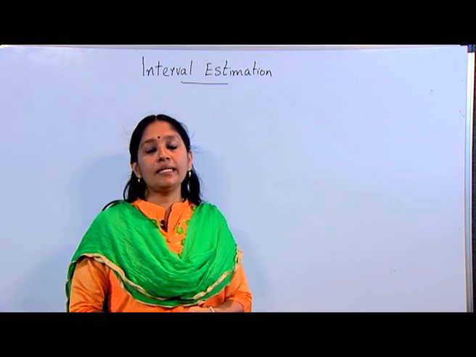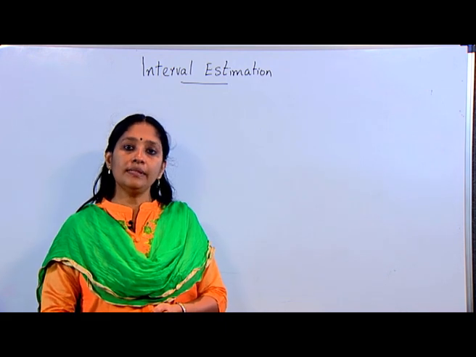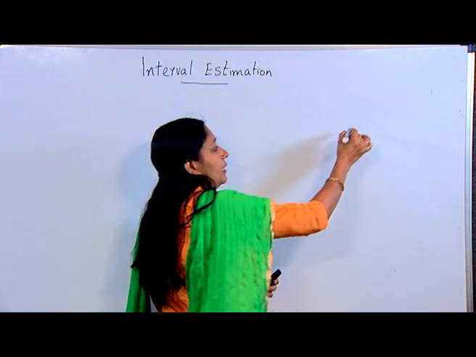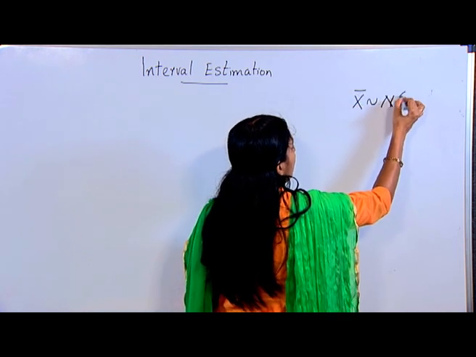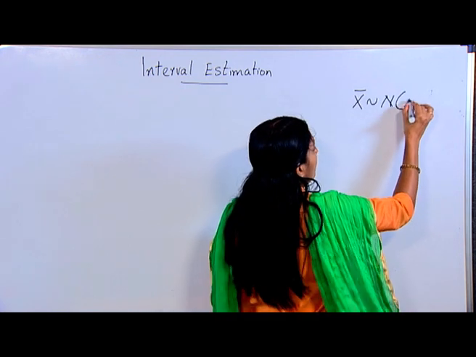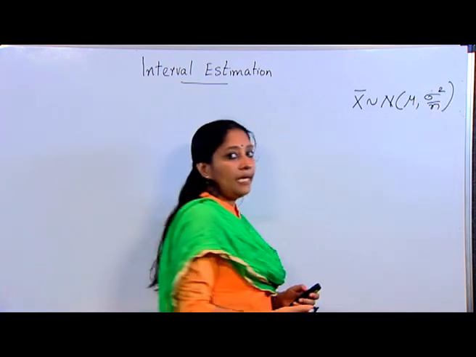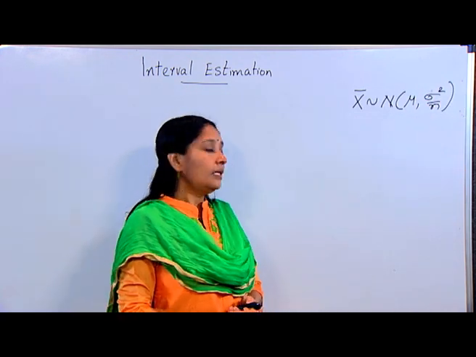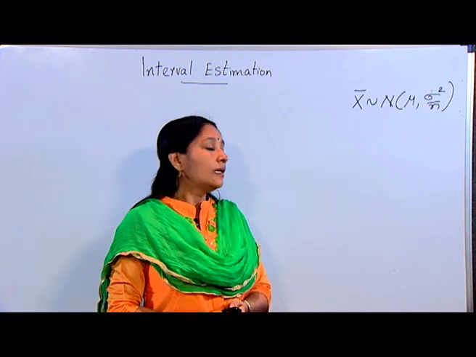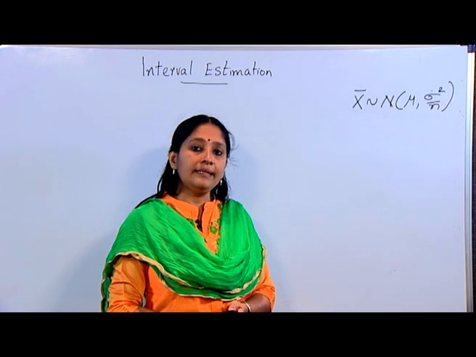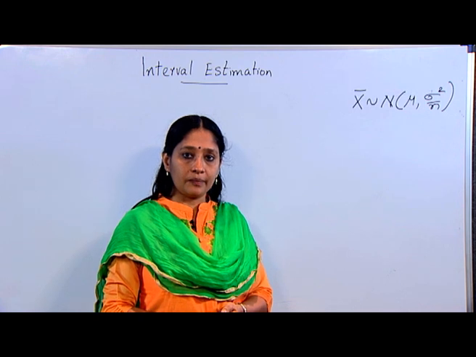Let x1, x2, etc. xn be a random sample from a population N(mu, sigma square). Then x bar follows normal with mean mu and variance sigma square by n. X bar is a statistic. It means that the distribution of the sample mean x bar is again normal with mean mu and variance sigma square by n.